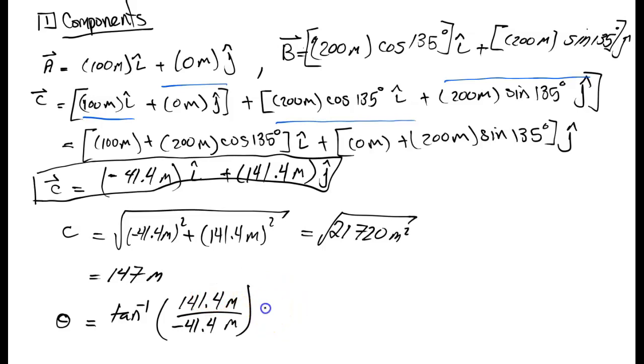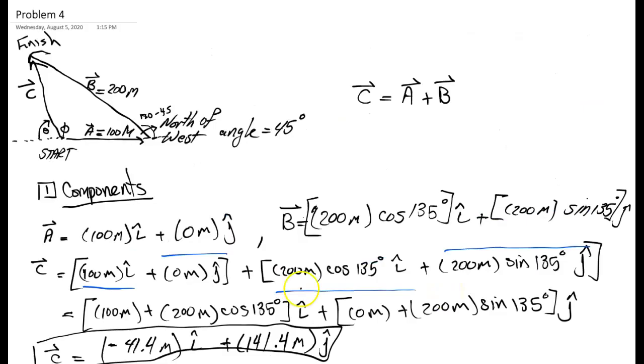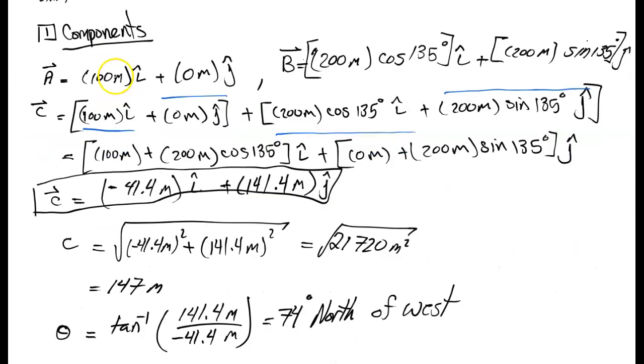Minus x, positive y. So this gives us an angle of 74 degrees north of west. And just to remind you what angle theta was, it was this angle here. And since it looks like it's past the first quadrant, that is good.